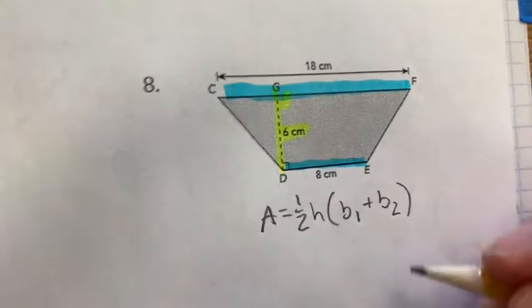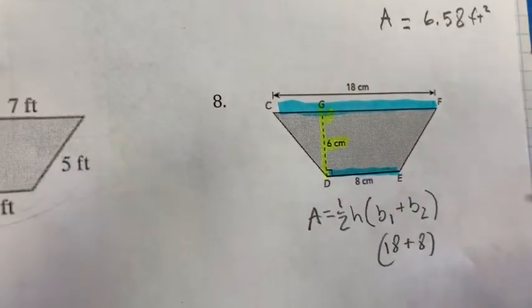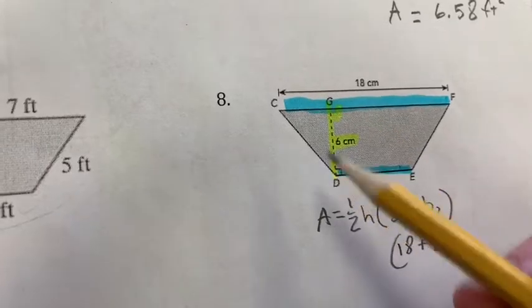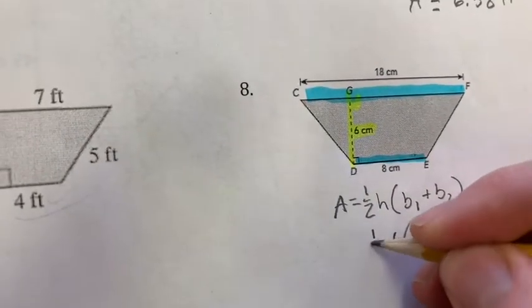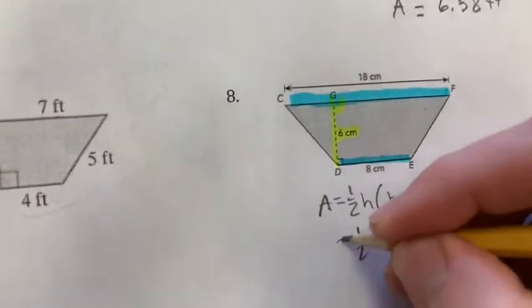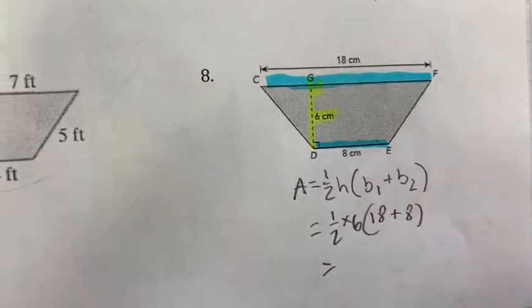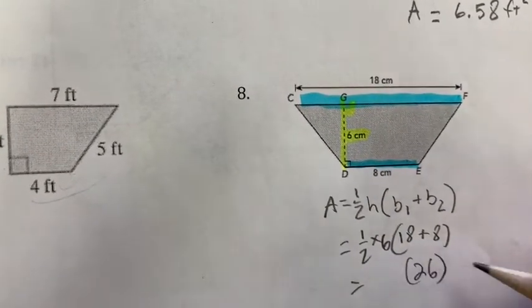That's 18 and 8. So I got 18 plus 8. And then my height is ghosted to that, that's 6. And then I'm gonna have half of that. So I can do 18 plus 8, which is 26.